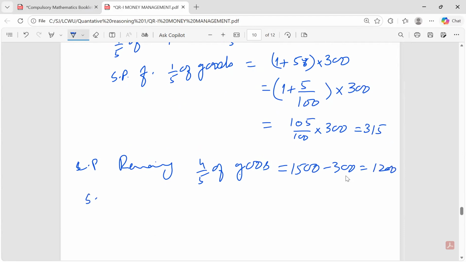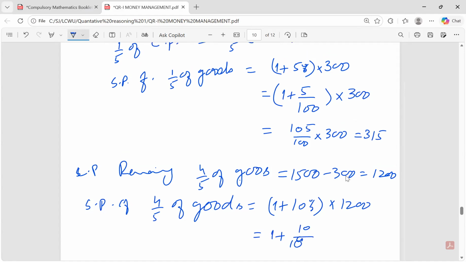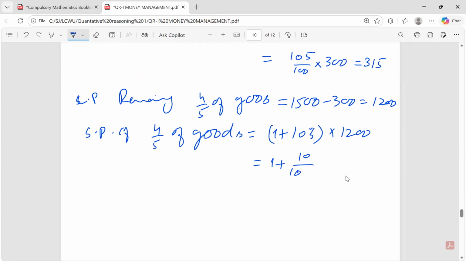So the sale price of the remaining 4/5 of the goods is equal to 1 plus 10% of 1200. This will be 1 plus 10 by 100 of 1200.